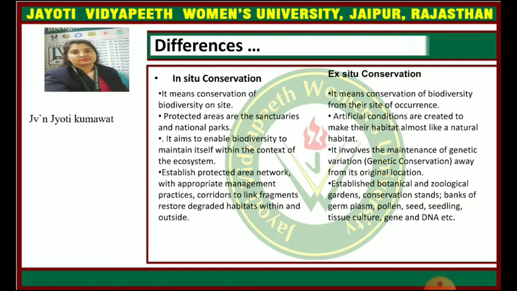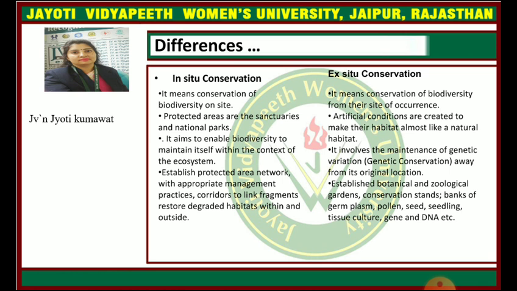Now we can take some differences between in situ conservation and ex situ conservation from this table. In situ conservation, the first point observed is that it means conservation of biodiversity on site.